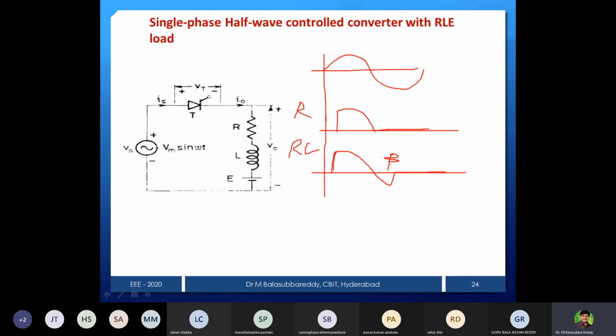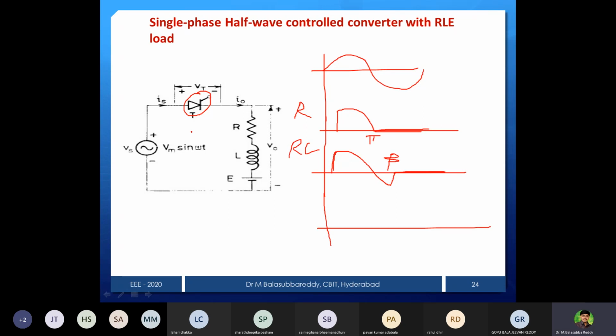If beta is less than pi plus alpha, we call it a discontinuous mode. If it is equal to pi plus alpha, it is a continuous mode. Now in the RLE load, the only difference you can notice is that the device will be turned off at beta or at pi, and after that the magnitude is not 0.